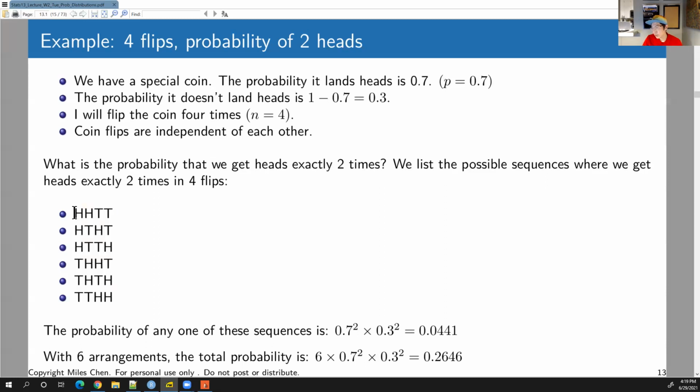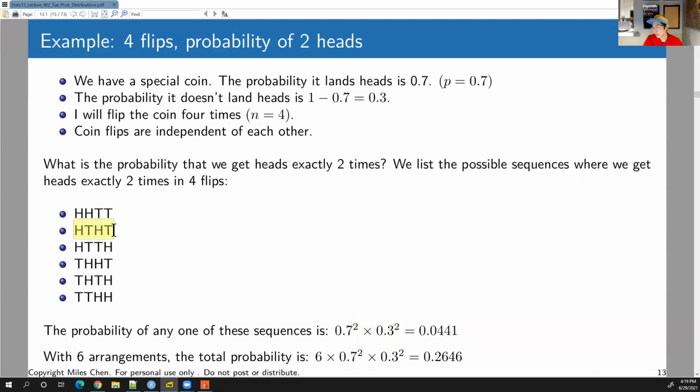Once again, what is the probability of getting this exact sequence of heads, heads, tails, tails? We have to get heads 2 times, which would be 0.7 times 0.7, and tails 2 times, which would be 0.3 times 0.3. So that exact sequence is 0.7 squared times 0.3 squared, or 0.0441.